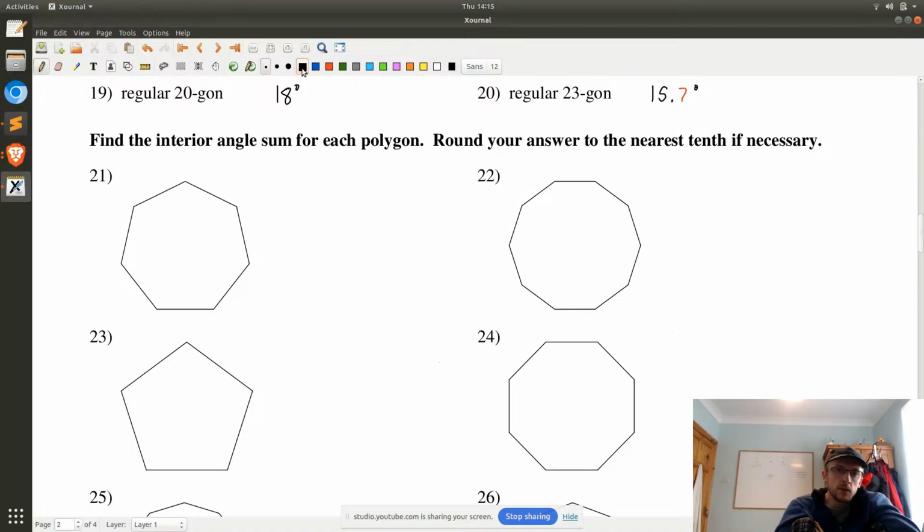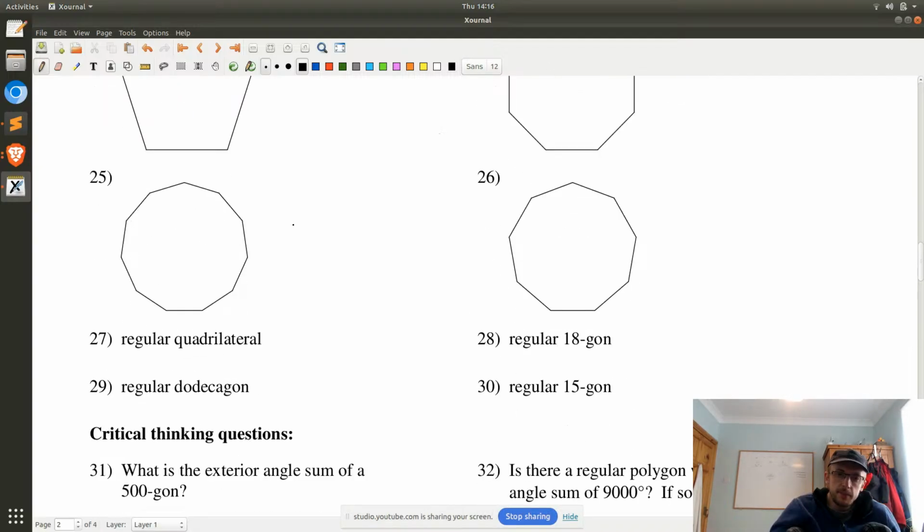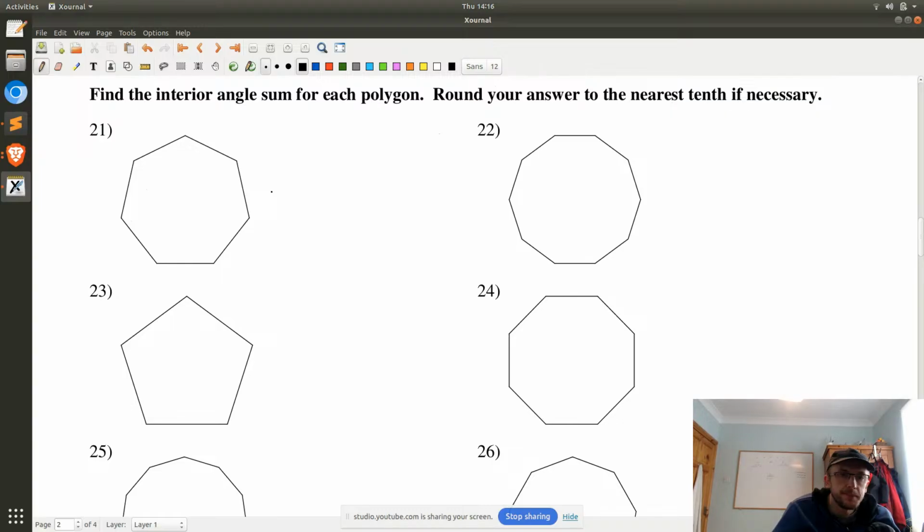Find the interior angle sum for each polygon. So we need to just do n minus 2 times that by 180 in all cases. So for the heptagon, that'd be 5 times 180, which is 900 degrees.